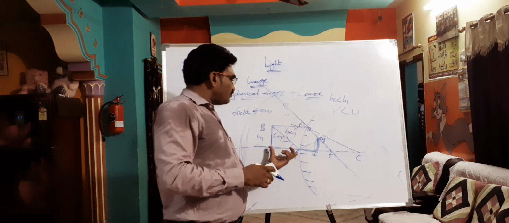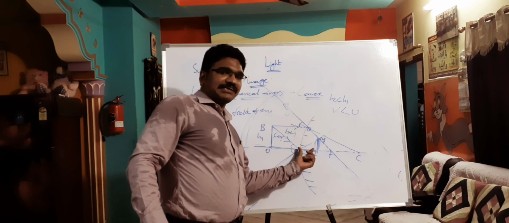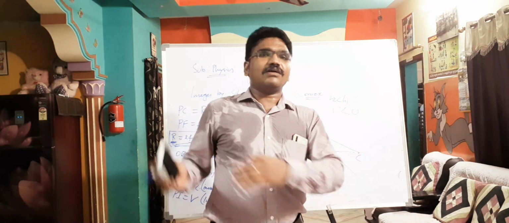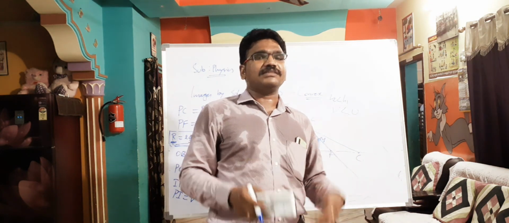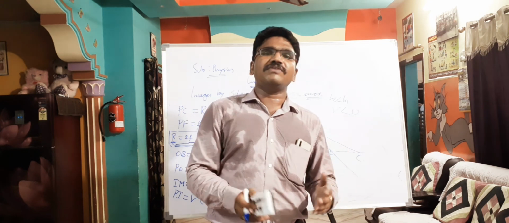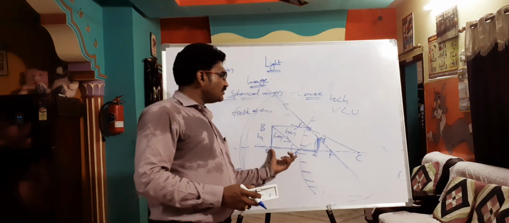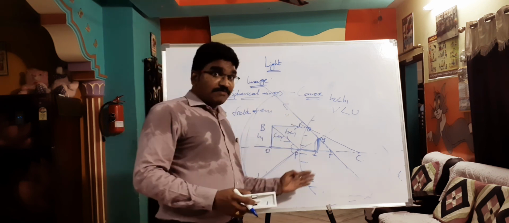So when the object is far, but for you it appears very near, you will be alert. The vehicle is coming, so you will be alert and you will take the next decision whether you want to move away or how you have to travel. And if you take a plane mirror, what happens?